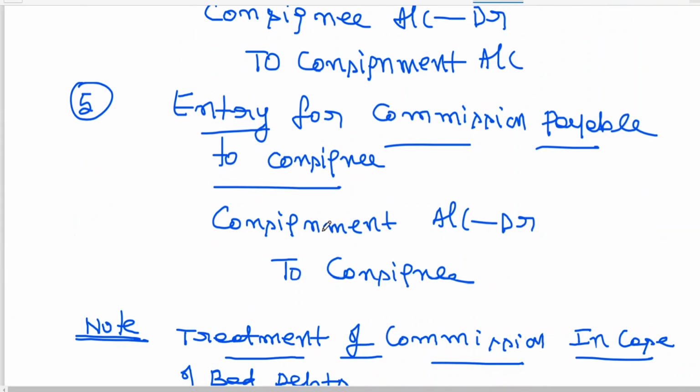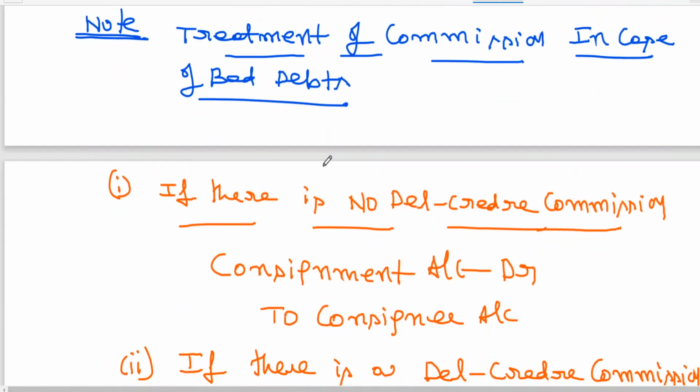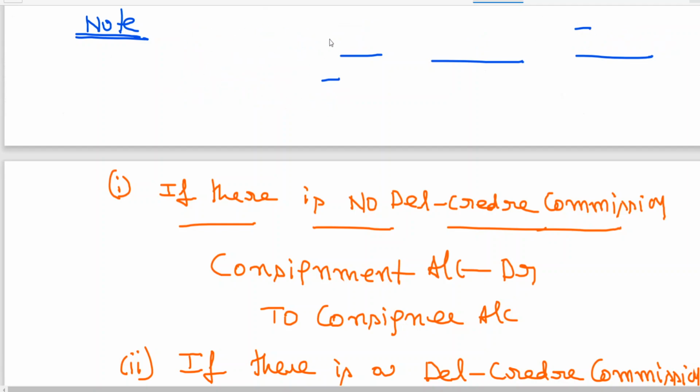Entry for commission payable to consignee, consignment account debtor to consignee. Here I have given the entry for commission payable to consignee. If there is no del credere commission, for bad debts also the entry will be the same. Treatment of bad debts.